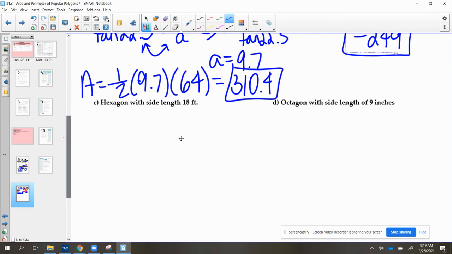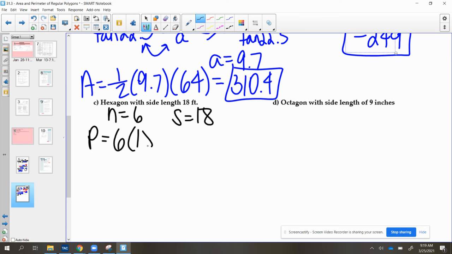Next, we have this hexagon, okay? And a hexagon is a 6-sided figure with the side length of 18. So we're going to start with that perimeter is number of sides times the side length, n times s. So 6 times 18 is 108. And then we need the apothem length.